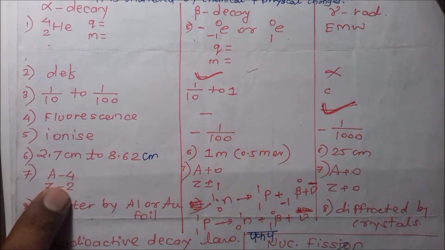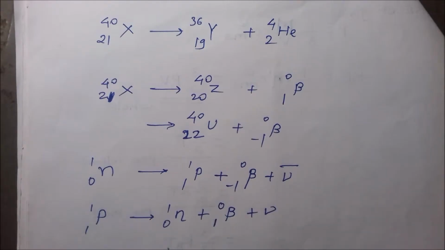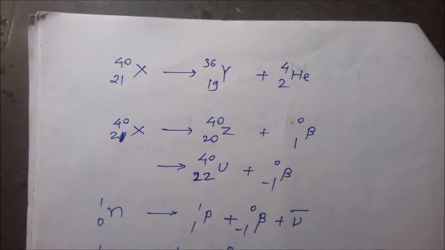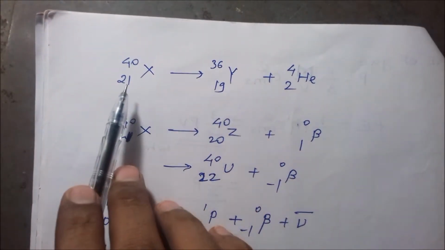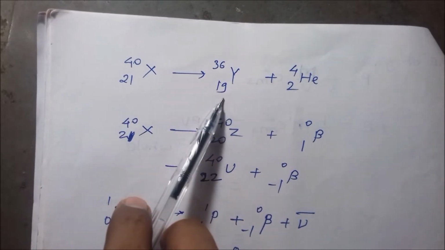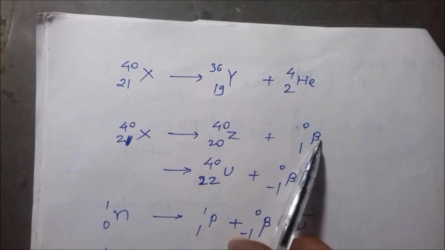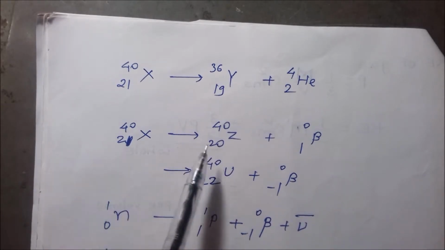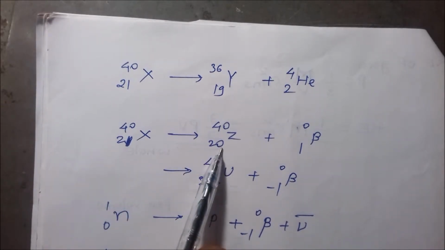Then when alpha particle is emitted, A decreases by 4 and Z decreases by 2. When positron is emitted, A remains same, Z decreases by 1.